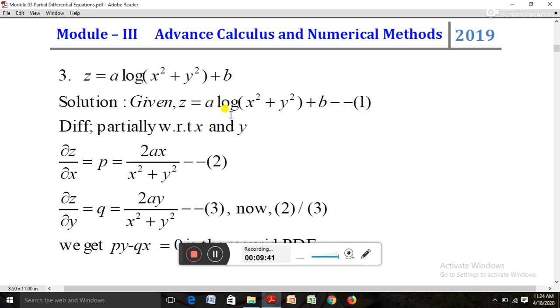Differentiate partially with respect to x and y. First, differentiation with respect to x: only x is variable and the remaining terms are constant.